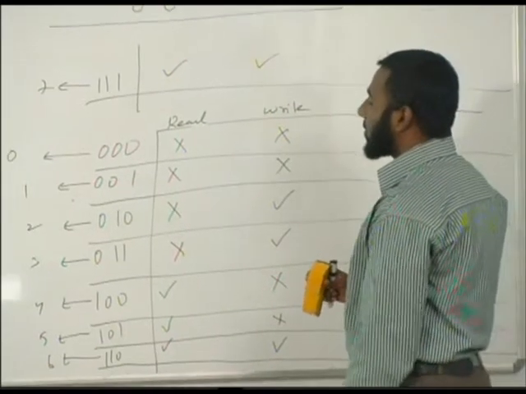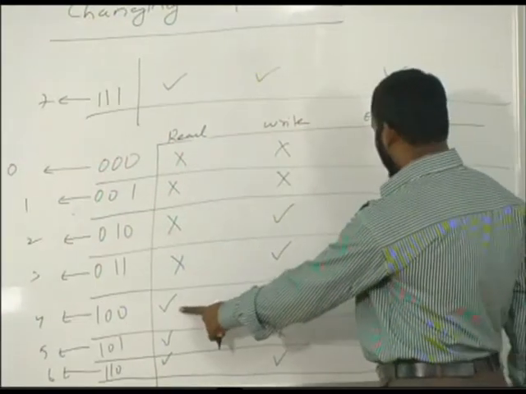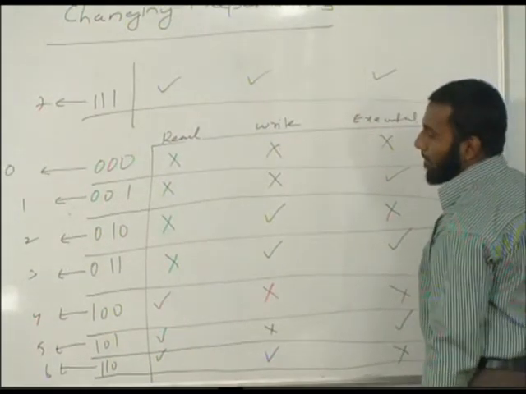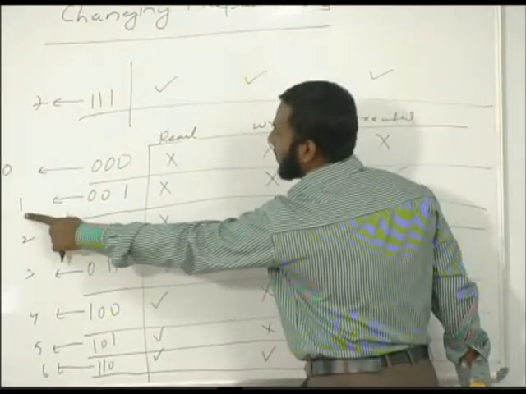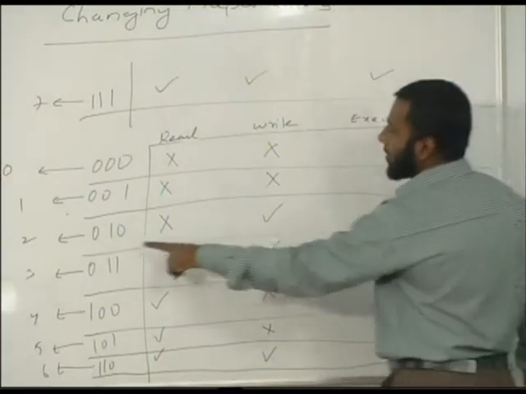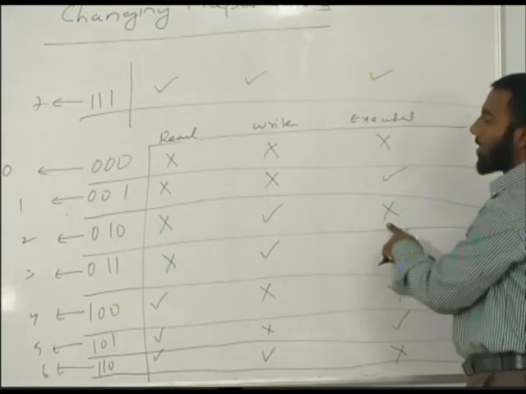It means that if I am giving the number 4, I want this file to be read only. If I am giving the number 1, it means execute only. If I am giving 2, it means it's a write only file. The permission I am giving is write only.